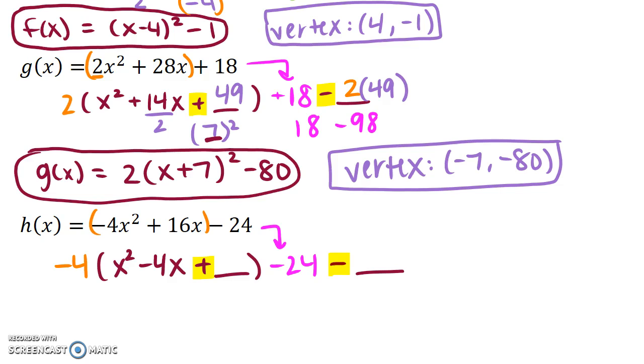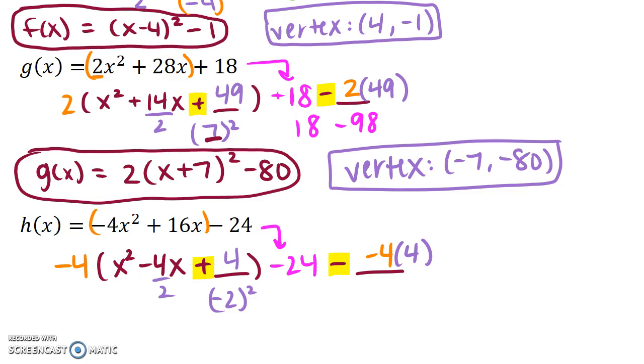Now from here, you're going to take your b value, divide it by 2, just like last time. So you get negative 2, and you square it. Negative 2 squared is 4. From here, not just 4 is going to go on the outside. Since we have a negative 4, we're going to multiply the negative 4 from the outside and the 4 from the inside together to put in the blank so it cancels out.